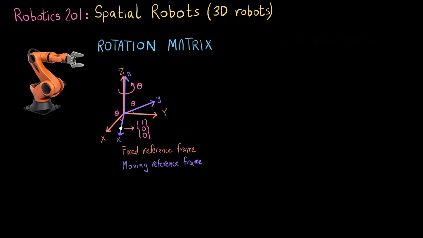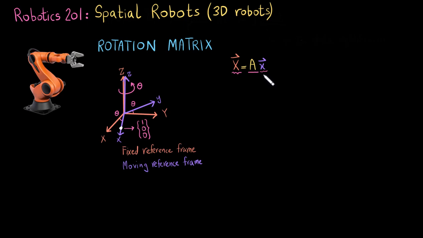Mathematically speaking, if I call my point in the moving reference frame small x, and the same point when expressed in the fixed reference frame big X, then A would be called my rotation matrix. So a rotation matrix times the point expressed in the moving reference frame would give me the same point expressed in the fixed reference frame.